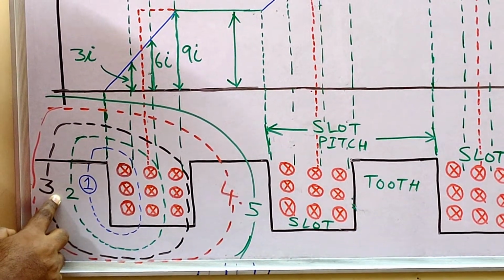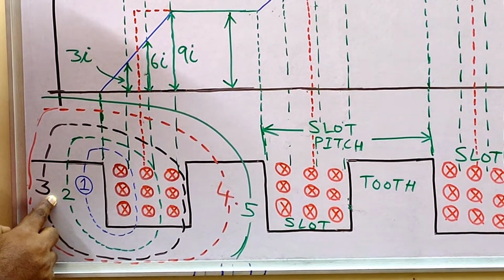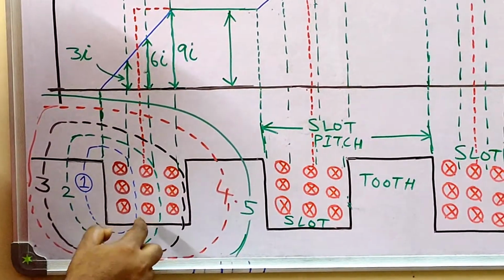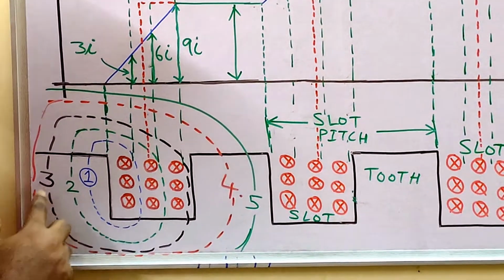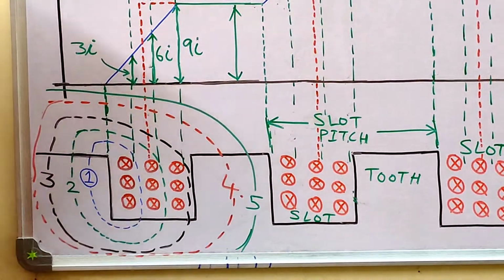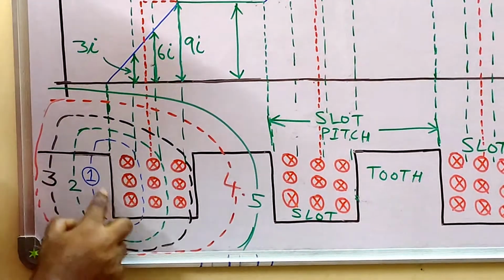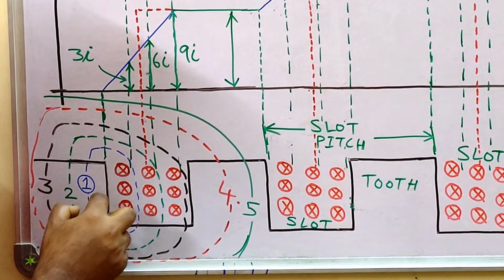Path 3, the black dotted line, is enclosing how many conductors? 9 conductors, each carrying current I. So what is the current enclosed by path number 3? 9I.